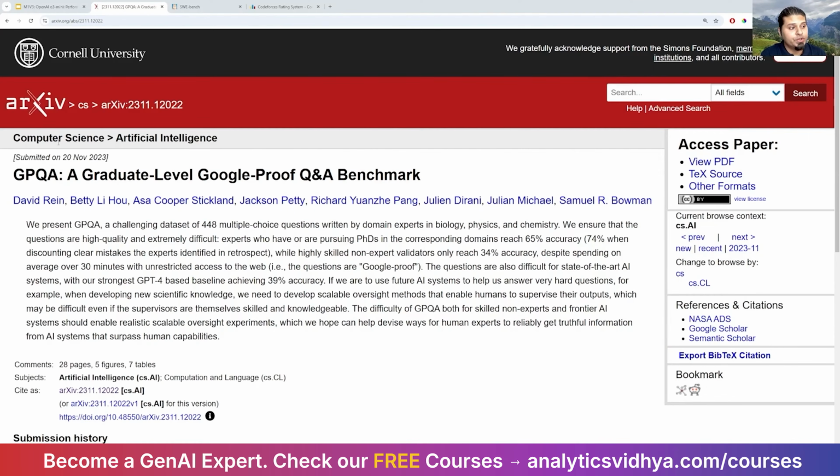So the GPQA dataset is basically a challenging dataset which has been curated over time of 448 multiple choice questions written by domain experts in biology, physics, and chemistry. So it's interesting to see how o3-mini stacks against other previous OpenAI models in terms of this benchmark dataset.